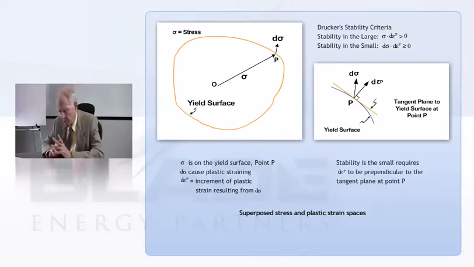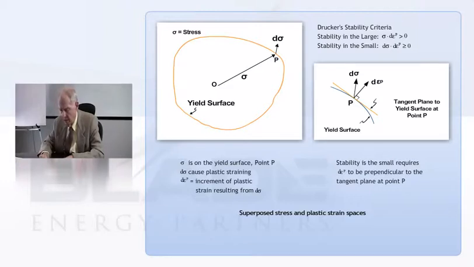So he has two criteria. One that was referred to usually as stability in the large. And in a way this looks obvious, but I'll point out that it's maybe not as obvious as it looks. In the stability in the large, what you're saying is that if you think of these stresses as vectors, the dot product between the stress that's being applied and the plastic strain that results has to be greater than 0. And the second is that, I've written it in a strange way.